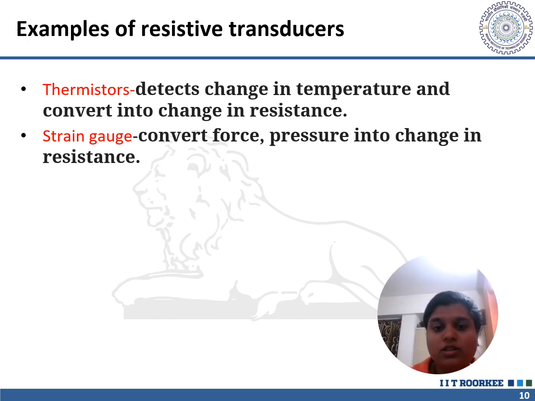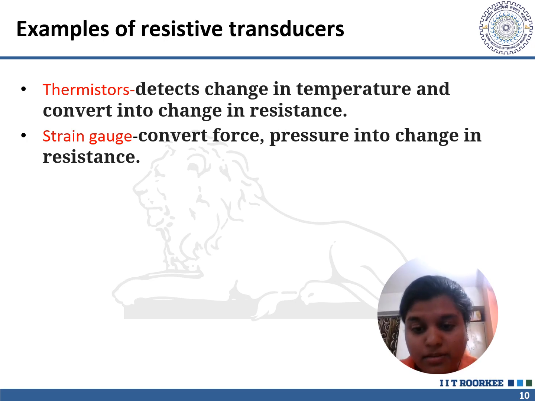Now, examples of resistive transducers are many, but I have mentioned two of them in my slides. The first one is thermistors, and the second one is strain gauge. First, thermistor detects change in temperature and then converts it into the change in resistance, and then strain gauge converts pressure, force into the change in resistance.